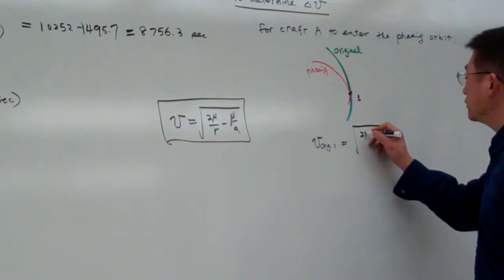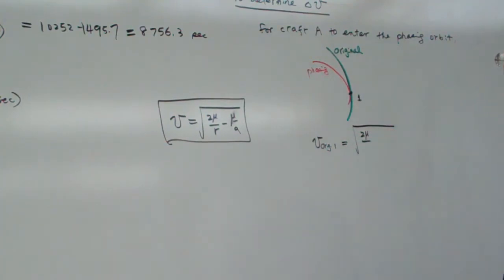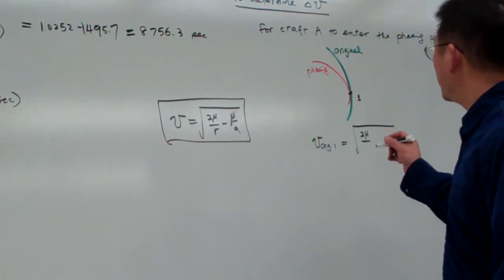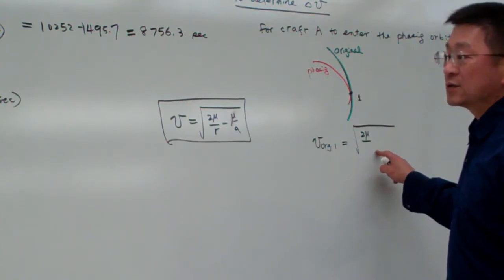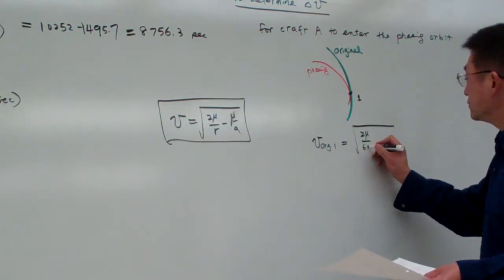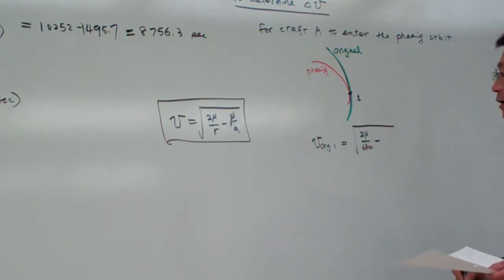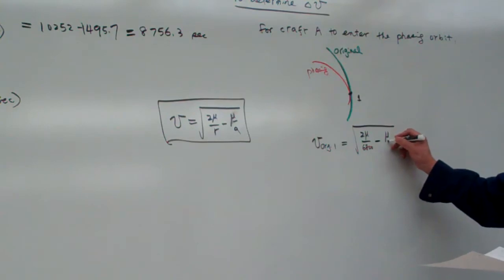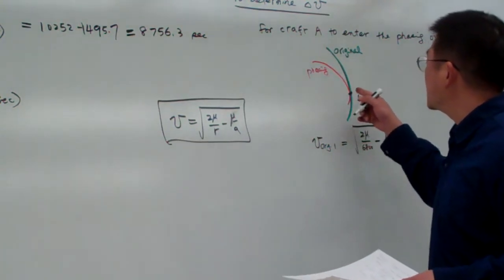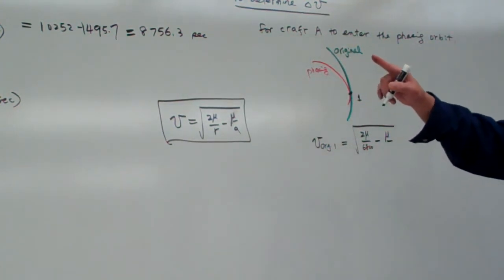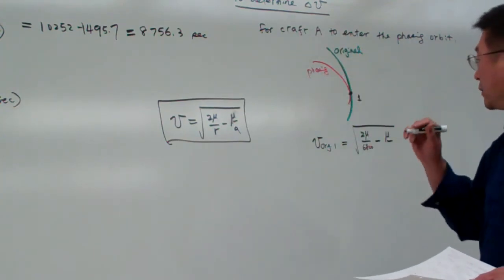What is r? R for the original is 6800. And minus mu divided by a. What is a? A is the semi-major axis of the original.